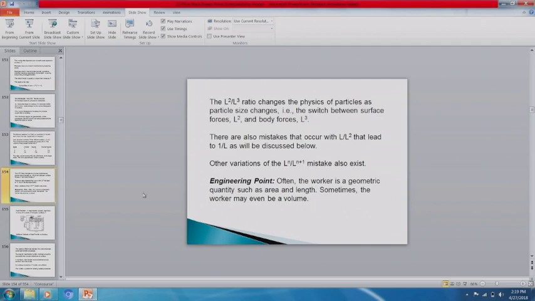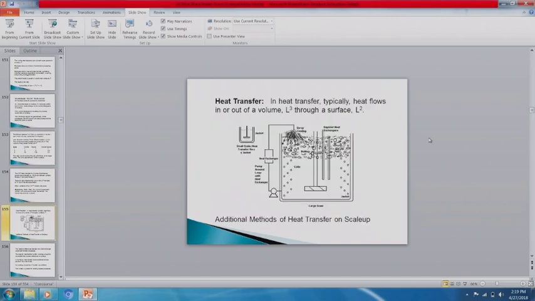Often the worker in geometric similarity is the area or length, and sometimes the worker may even be a volume. Just try heat transfer as an example. Heat transfer is occurring through this jacket, small scale.